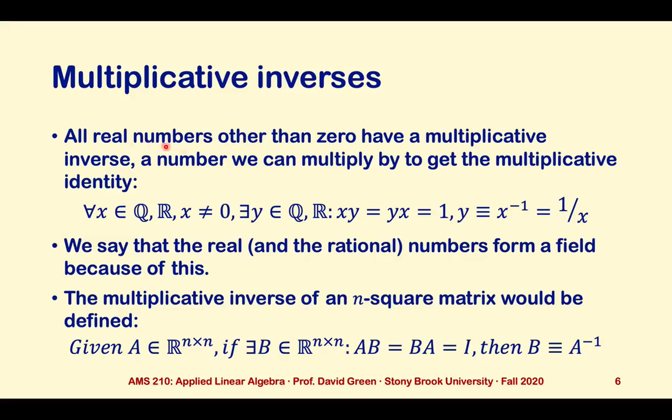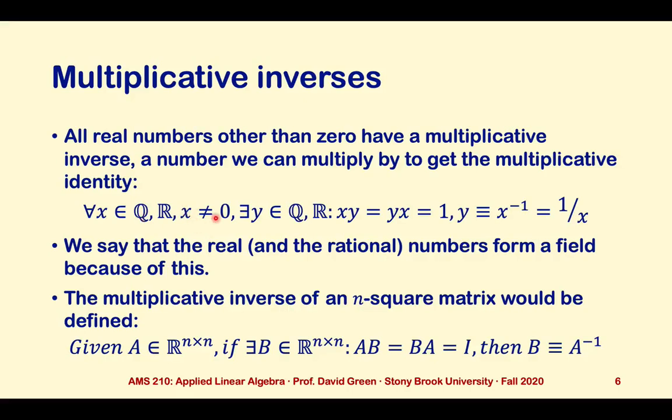For real numbers, every real number other than 0 has a multiplicative inverse. That is, it's a number that we can multiply by to get the multiplicative identity, to get the number 1.